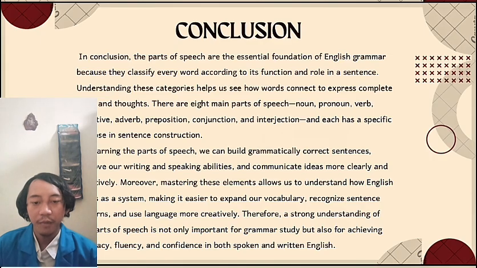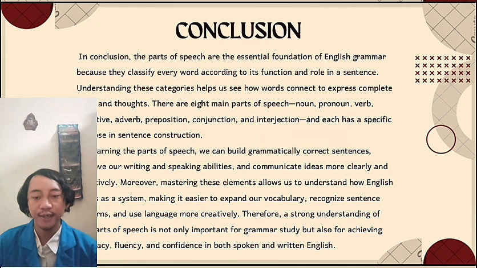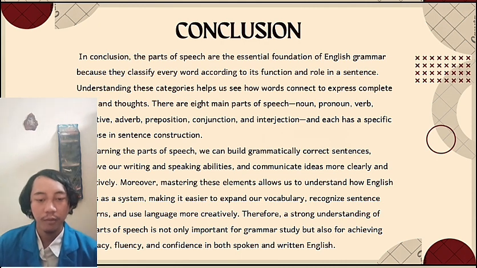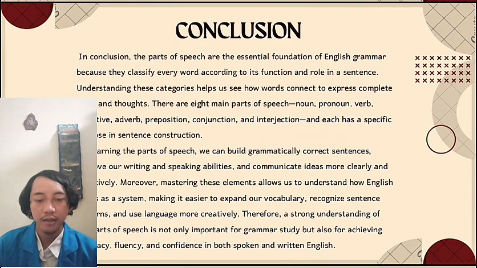There are 8 main parts of speech: noun, pronoun, verb, adjective, adverb, preposition, conjunction, and interjection, and each has a specific purpose in sentence construction. By learning the parts of speech, we can build grammatically correct sentences, improve our writing and speaking abilities, and communicate ideas more clearly and effectively.